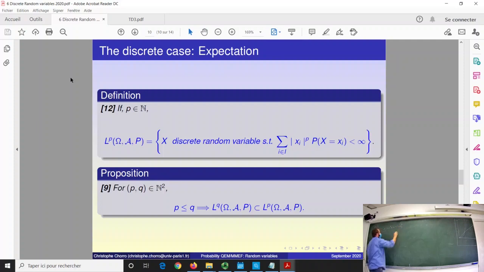I just copy the definition for the moment. Lq is this one with the power q. What is Lp? Lp is the same, but with my condition with my small p here instead of small q.